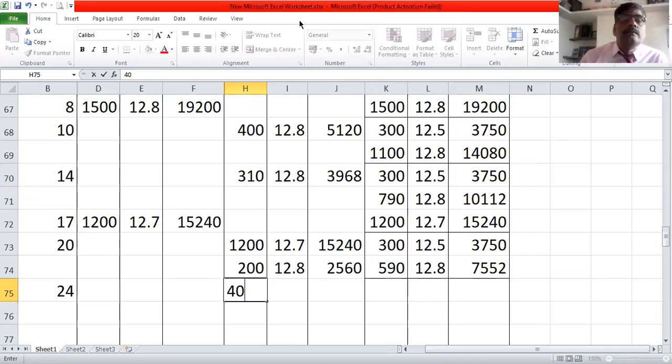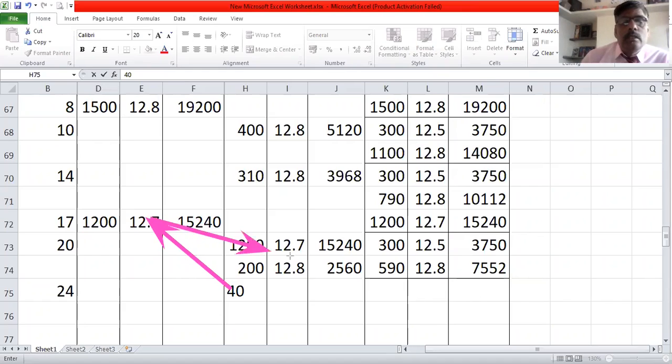You see the 17th July rate, which is 12.70.